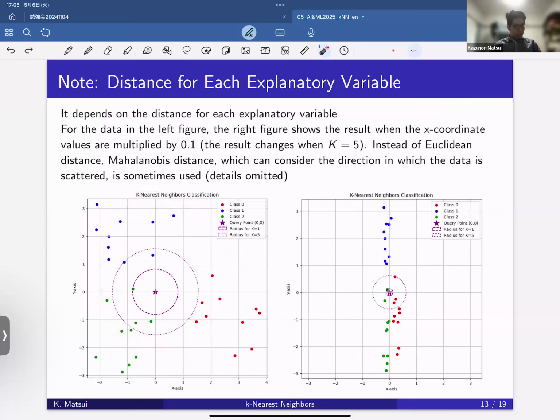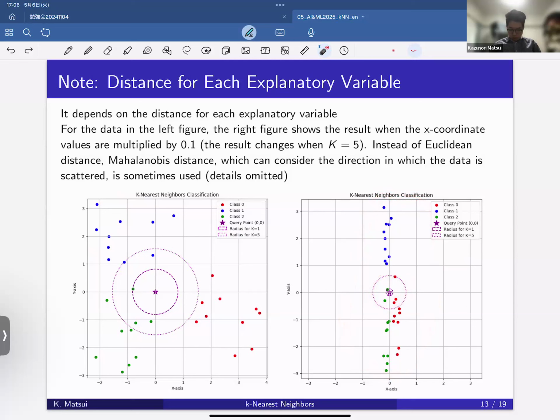If we compress the x coordinate value to 0.1 times the original values, the data looks compressed as shown.